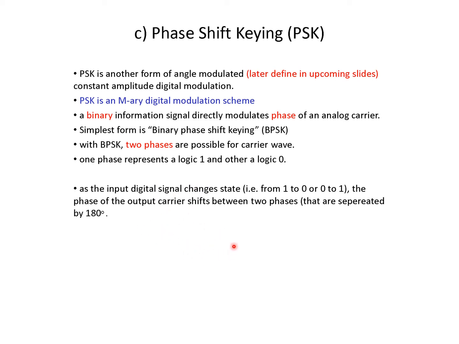Since we have only 2 levels to represent, we can place those 2 levels at maximum distance apart, which is 180 degrees apart. So we can choose like this: either for signal level 1 we choose the output signal to be at 0 phase, and for signal level 0 the output will be at 180 degree phase, or vice versa.